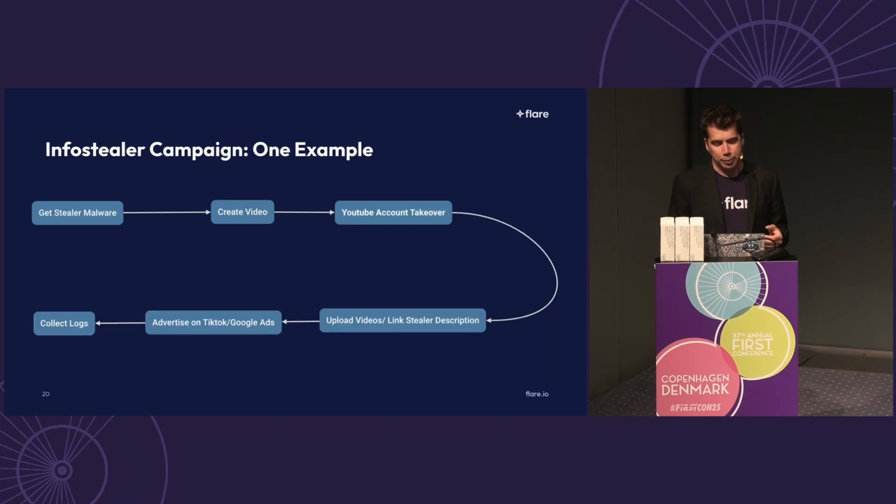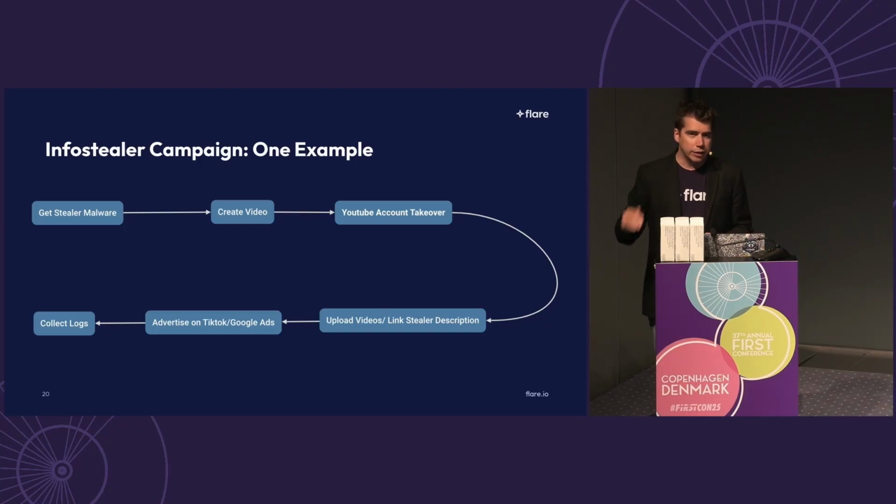An example of a campaign is where a threat actor will get the stealer malware and then create videos convincing people to crack software, for example AutoCAD or Photoshop, expensive software. They will then, in the video, explain how to run the crack.